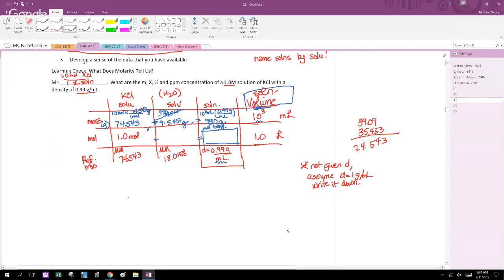Now what could I do? Find the moles of my solvent. I've got 915.457 grams. I know that there's 18.0158 grams for every mole.